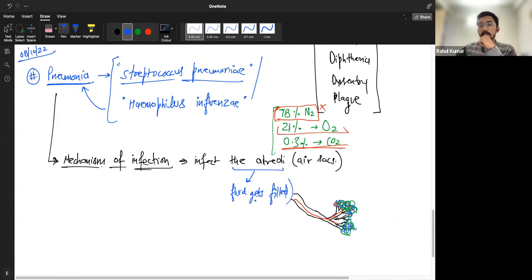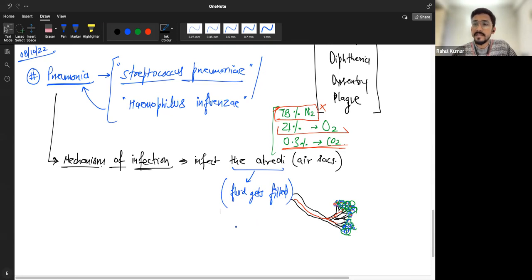Now all this fluid is secreted by the cells only, the infected cells. Because cells start dying, their cytoplasm starts oozing out, starts filling in. That's what is happening. You know swelling, right? What happens in swelling?